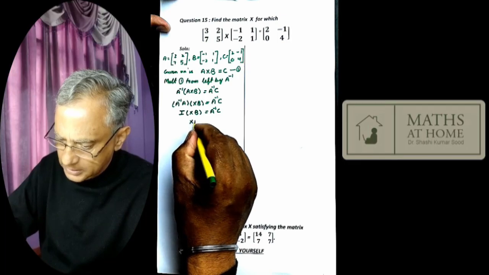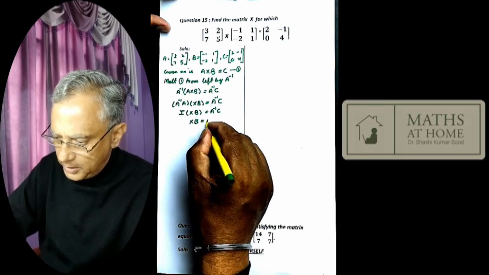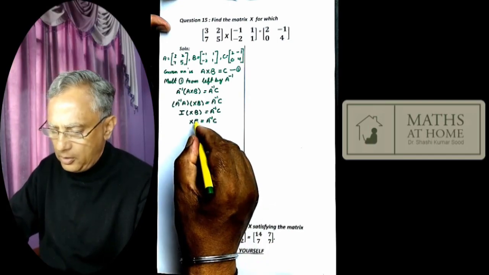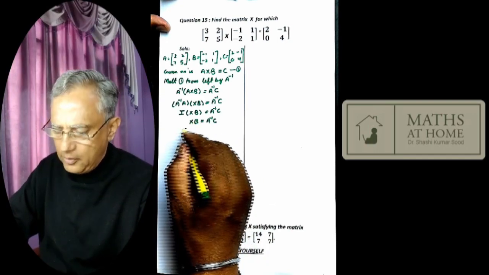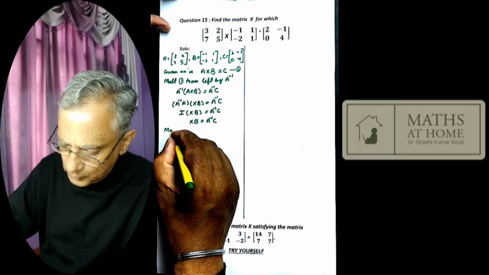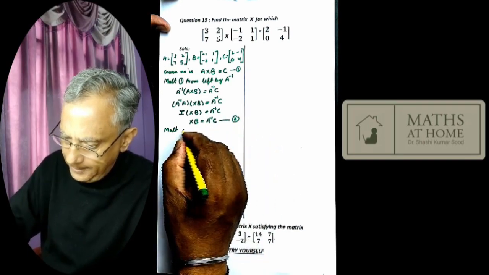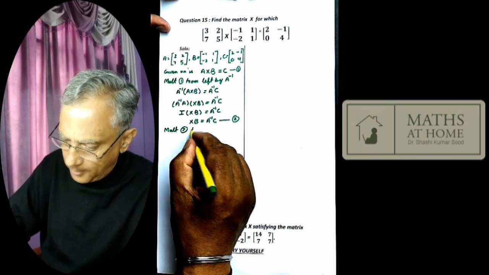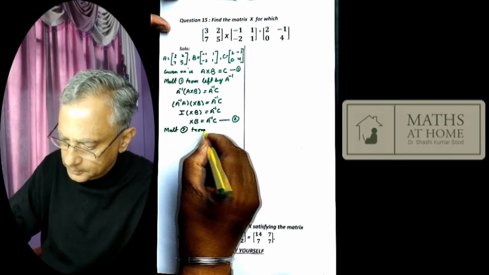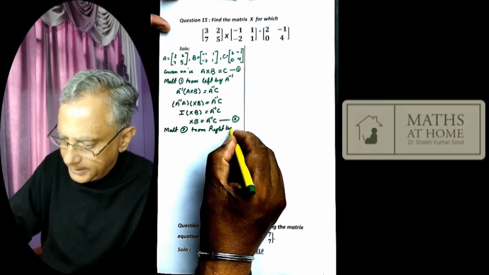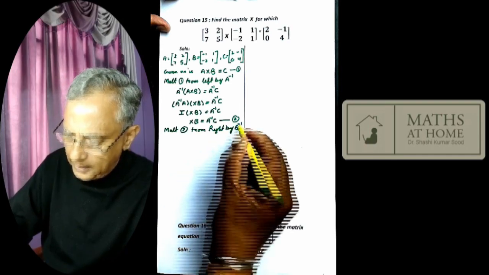So this will be XB is equal to A inverse C. Now in order to remove B from here, we multiply this equation from right by B inverse.